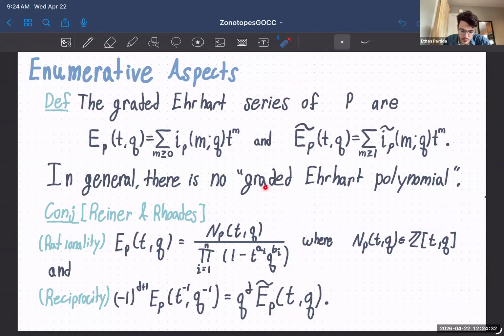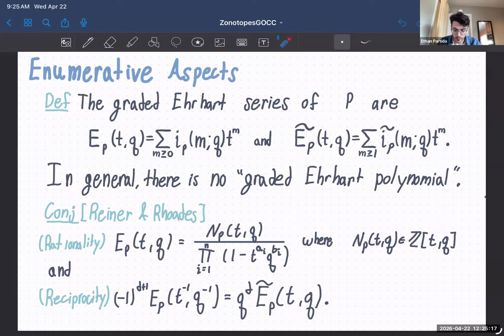But as I remarked earlier, there doesn't, in general, seem to be a notion of a polynomial that's counting coefficients here. But despite this fact, Reiner and Rhoades conjecture that the properties that you would expect of polynomials hold in general. Namely, these graded series can be written as rational functions of a particularly nice form. There's 1 minus some t's and q's, and these t's and q's are allowed to have arbitrary non-negative powers.